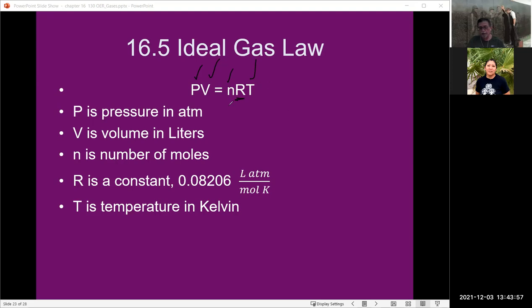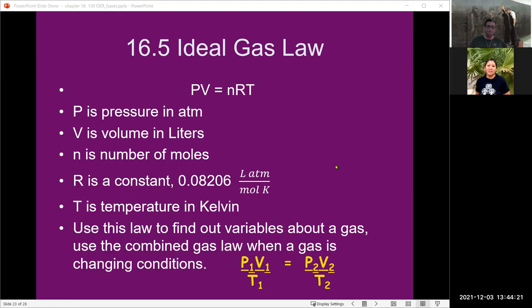And keep in mind, once we know the moles, we can go from moles to grams, as we've done before, right? By multiplying by the molar mass. Or if we got grams of some gas and we need to calculate moles, we divide by the molar mass.